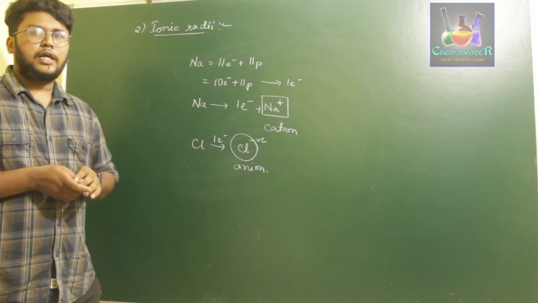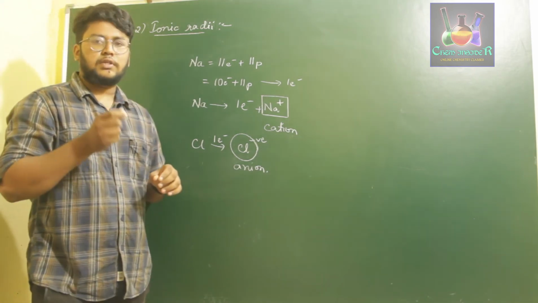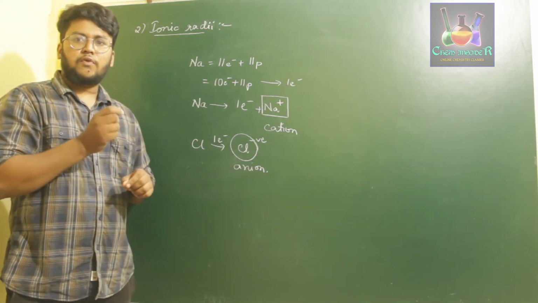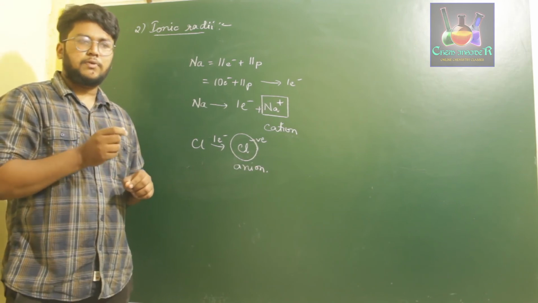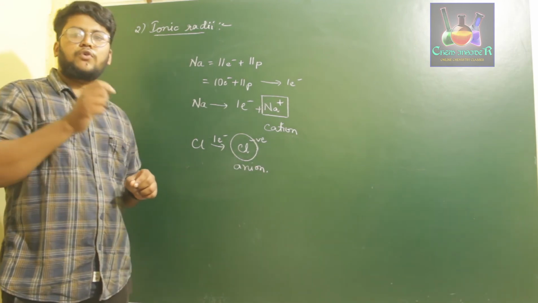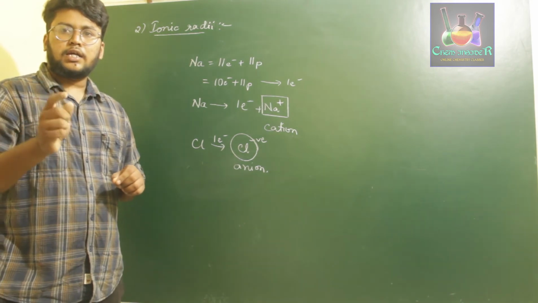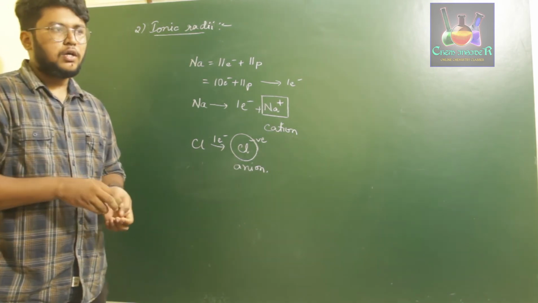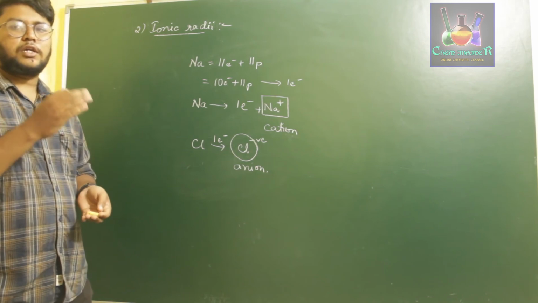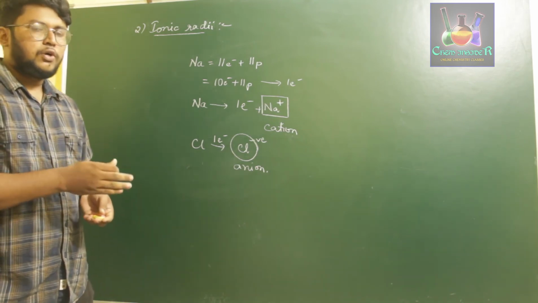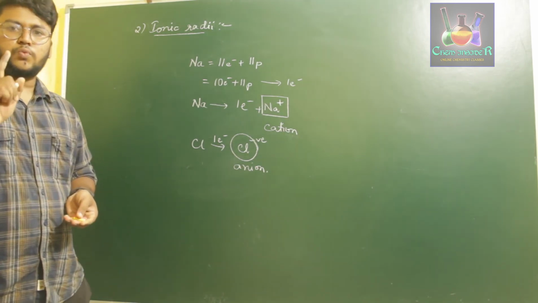Ionic radius is defined as the distance between the nucleus of an ion to its outermost shell containing at least one electron. Atomic radius is nothing but the distance between the nucleus of an atom to its outermost shell having at least one electron.